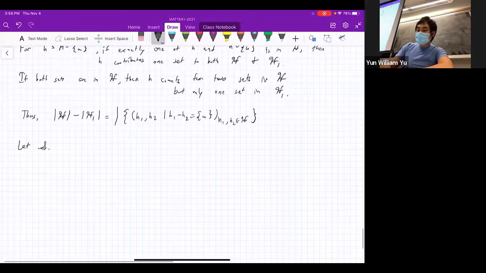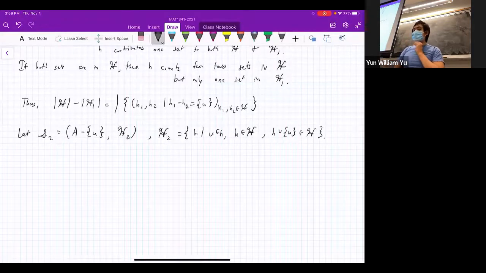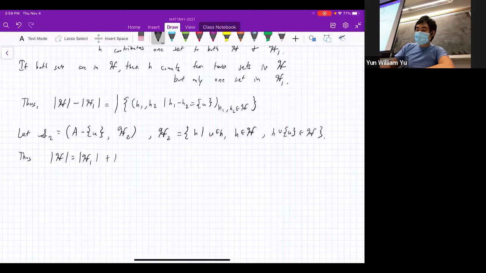And let's define a new set system S2, which also has A minus u as its set, but where H2 is equal to the set of h such that h is in H and h union u is in H. So this new set has all the h's that are the difference between H and H1. Plus we know that the size of H is equal to the size of H1 plus the size of H2.